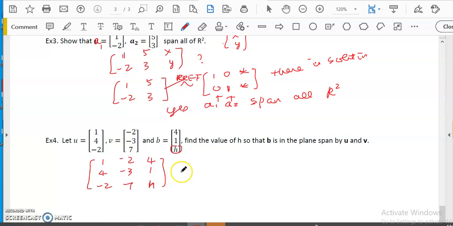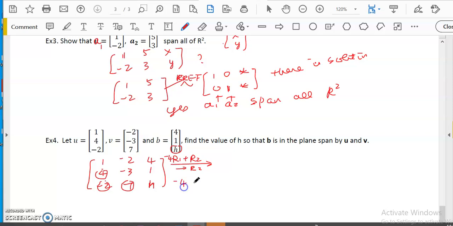Okay. So to do by hand, I would first of all get rid of the 0 here, and then get rid of another 0, and another 0 here. So first, do R1, -4 R1 plus R2, put into R2.